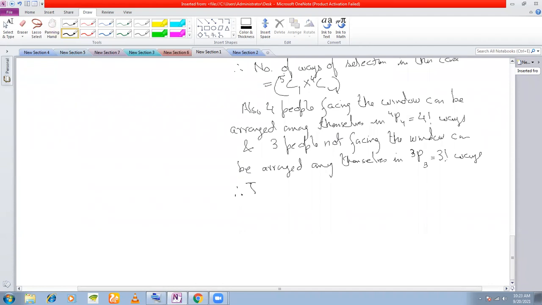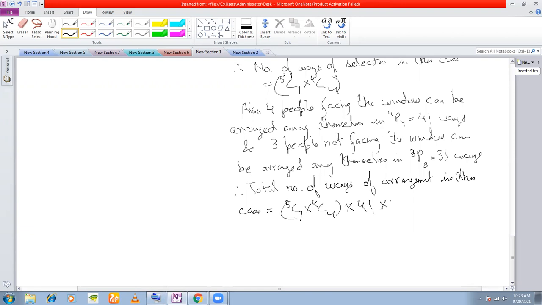Therefore, total number of ways of arrangement in this case is equal to 5C1 into 4C4 into factorial 4 into factorial 3, right?